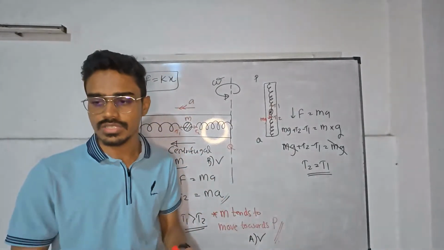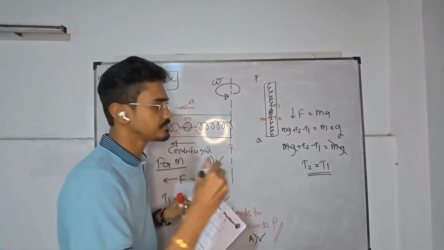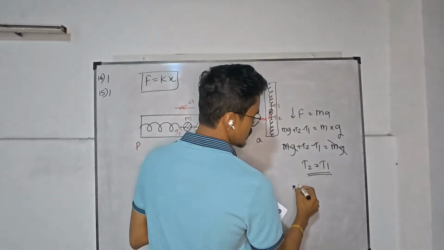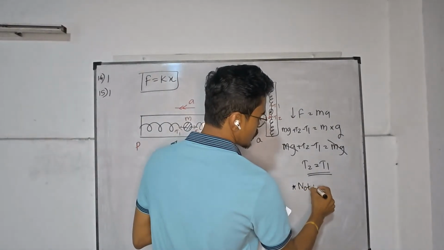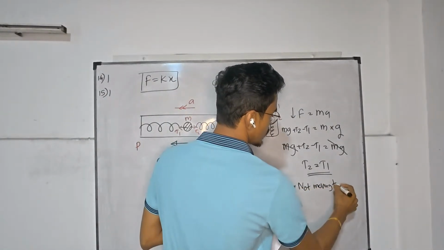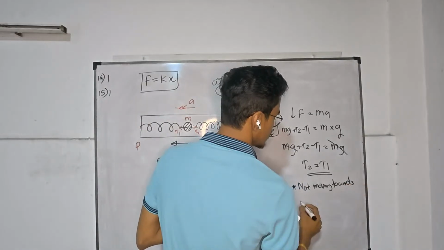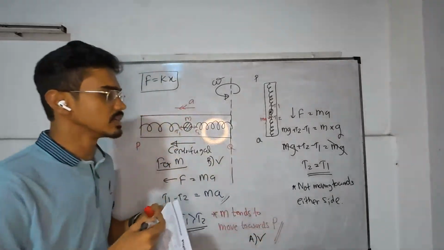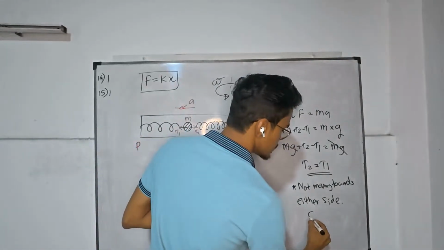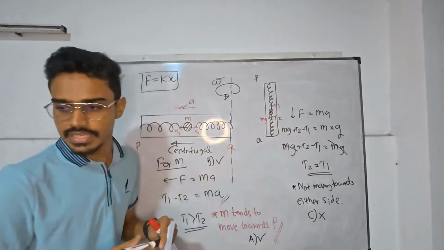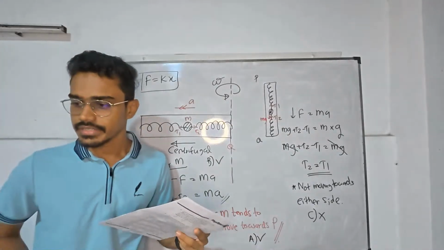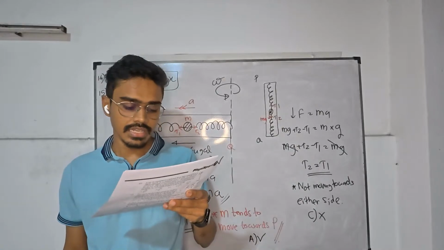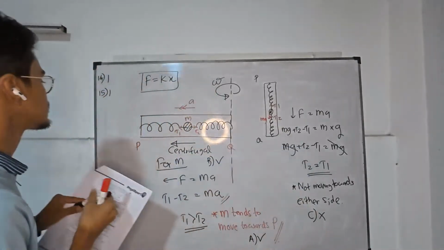No motion means it is not moving towards P, not moving towards either side. So therefore, C is wrong. Only A and B are correct. That is answer 2 for question 16.